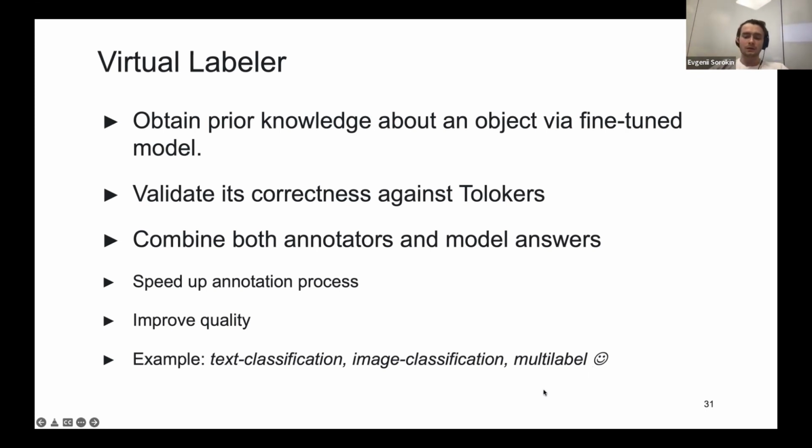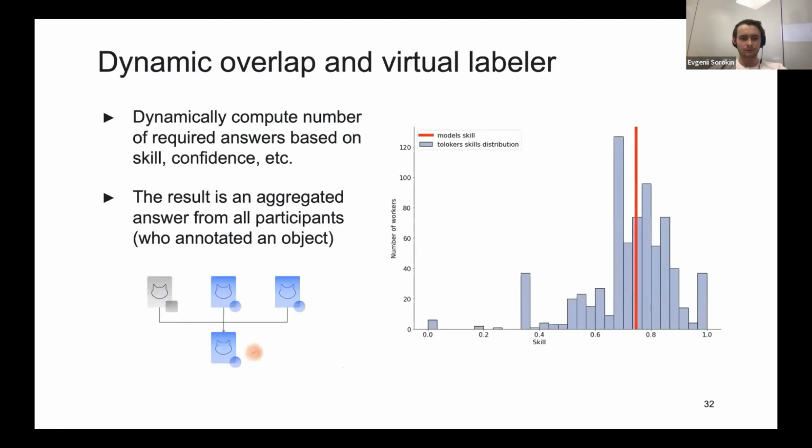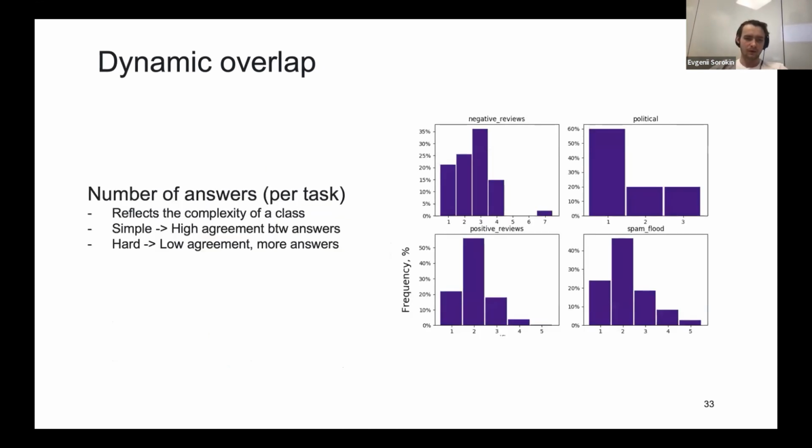Great. And as I said earlier, it can allow us to reduce the dimensionality of multilabel classification, several slides before. Here you can see a plot where we compare the model skill against Toloker skills. Here, once again, the notion of dynamic overlap.